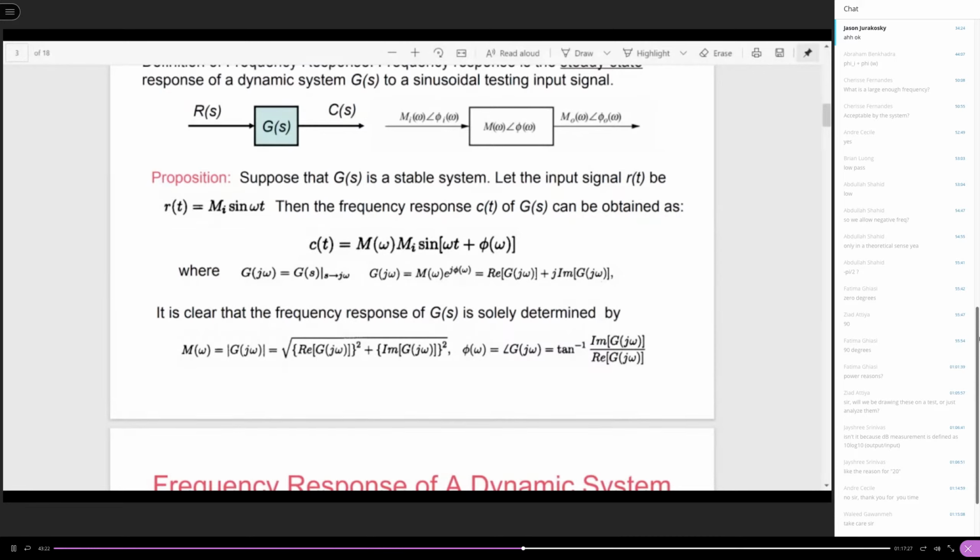You know what? I actually allow you guys to write on the board. So you can write on the slides. If you want, you can write your answer on the slides. So if the initial phase of the input testing signal is not 0, what is going to be the initial phase of the response signal phi o?